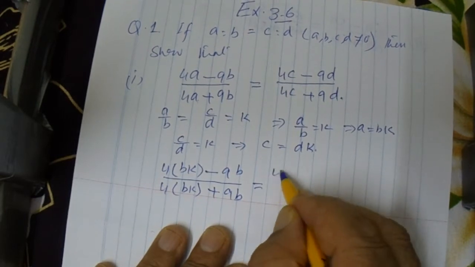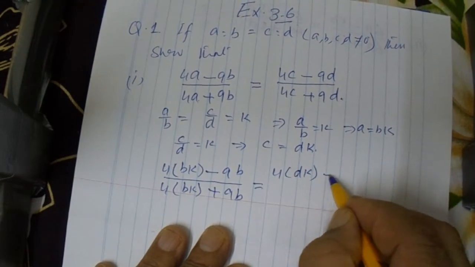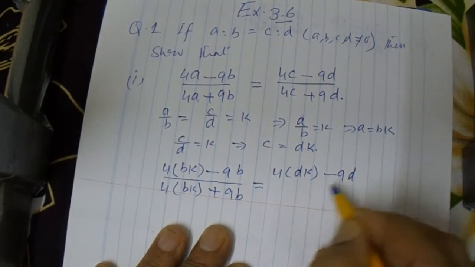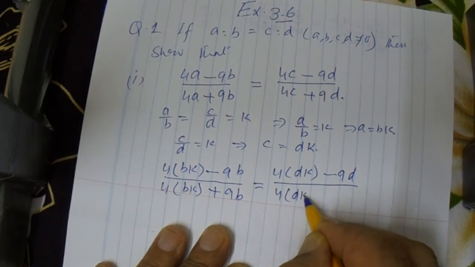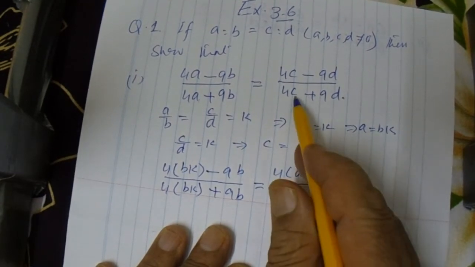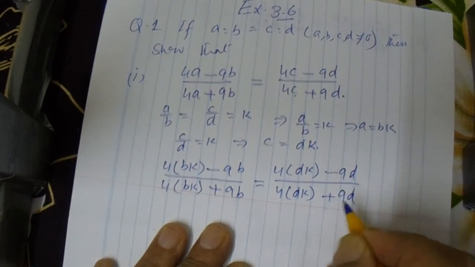We put here 4 into DK, minus 9D over 4 into also DK, we put the value of C here, DK, and plus 9D.